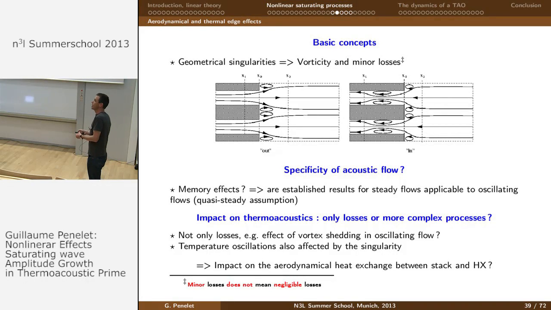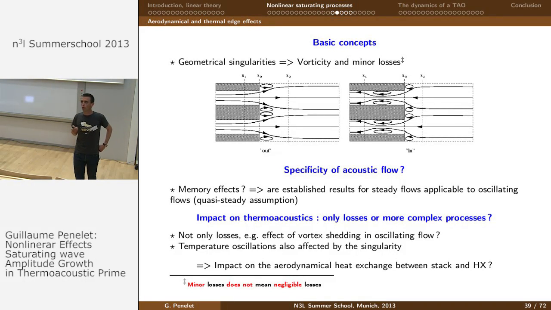So in thermoacoustic engines, we have many geometrical singularities, and we need to evaluate the subsequent losses. What we can do is to use established results for steady flow and adapt them to oscillating flow. But things are not so simple. We have to wonder if this quasi-steady assumption is valid or not.